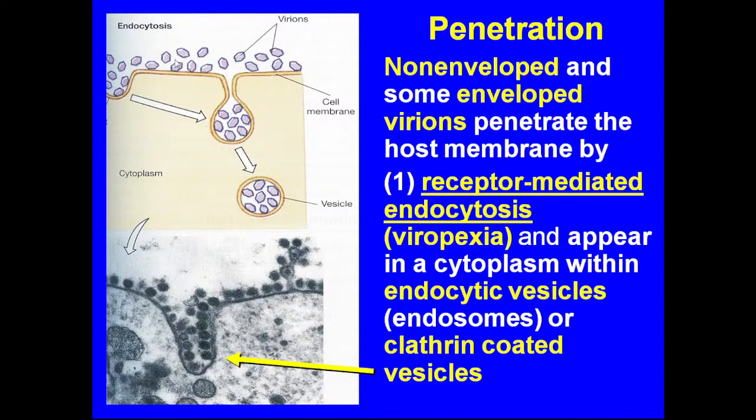Usually non-enveloped or some enveloped viruses enter this way, penetrating the host membrane by so-called receptor-mediated endocytosis or viropexia. And then they appear in the cytoplasm inside the endocytic vesicles that are called endosomes. This is the picture, and this is an electron microphotograph of the process of endosome development.